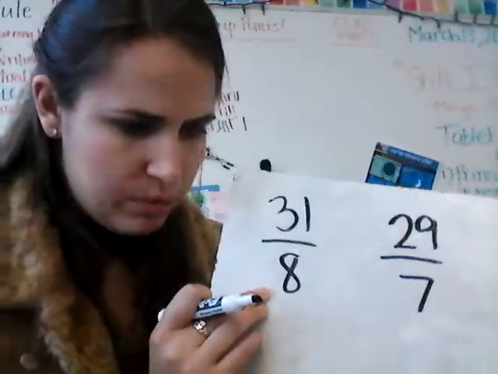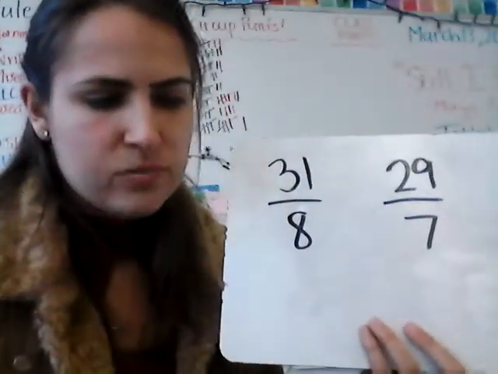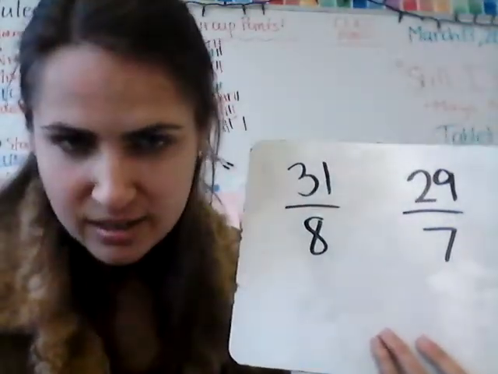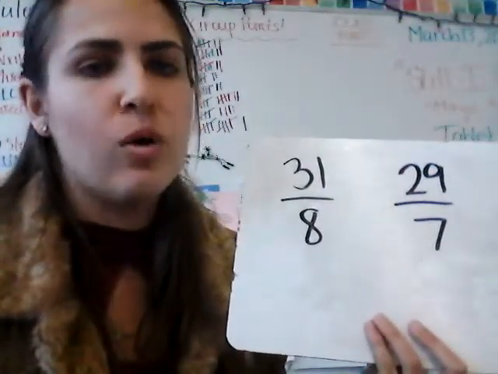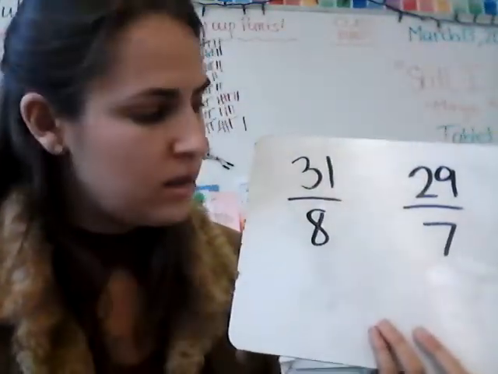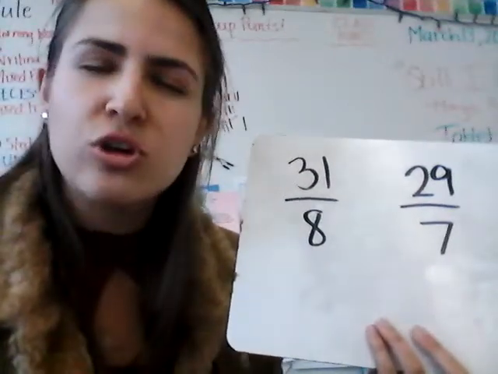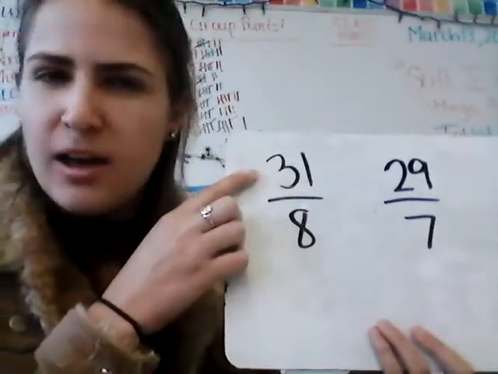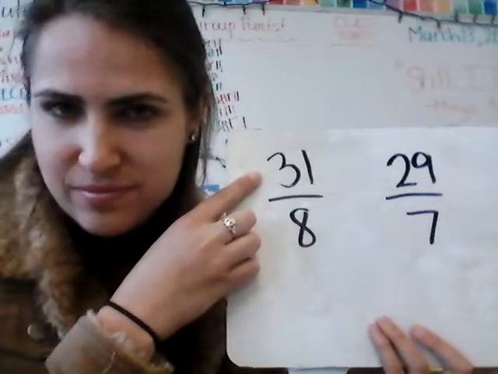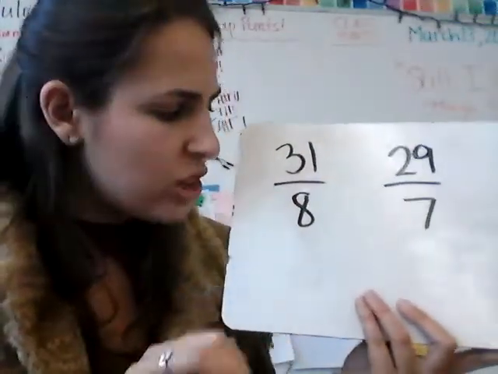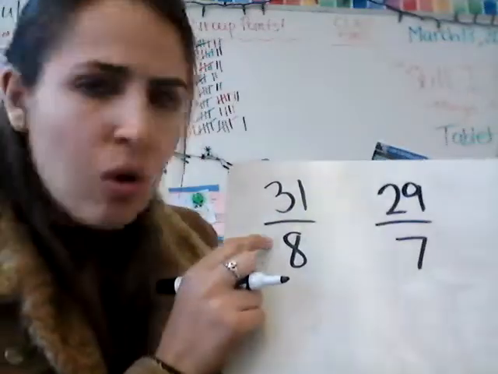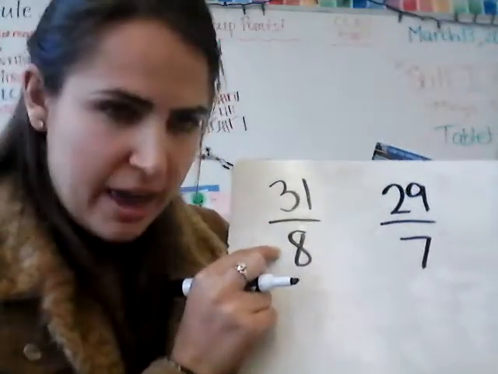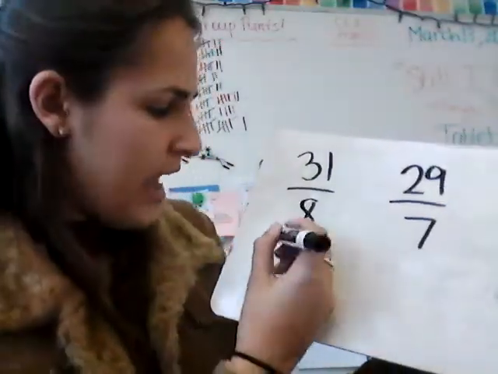So 8/8 would be 1 whole, 2 wholes would be 16/8, 3 wholes would be 24/8, 4 wholes would be 32/8. We don't quite have enough to make 4 wholes, but we can make 3 wholes, okay? So again, 3 wholes with a unit of 8 would be 24/8.